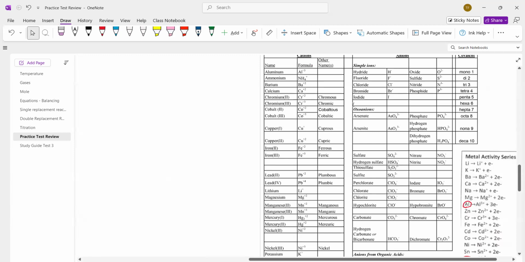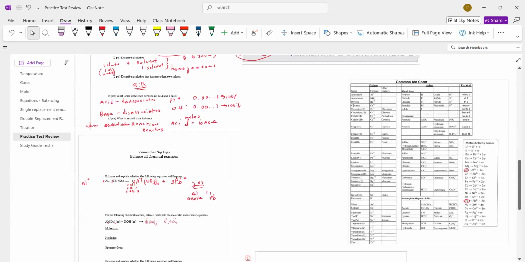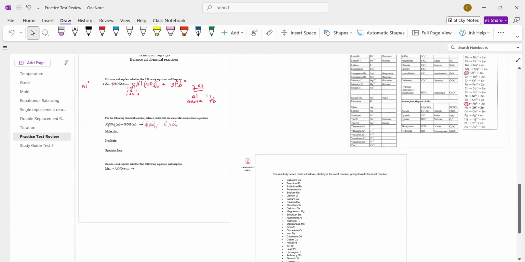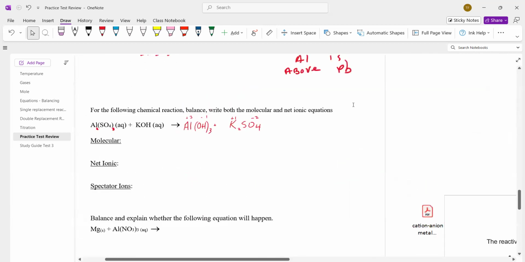And again, I'm going to be giving you all of these for your tests. Periodic table, actually all 4 of these: the periodic table, the activity series, common ions, solubility chart. Okay, next question. Is this equation balanced?